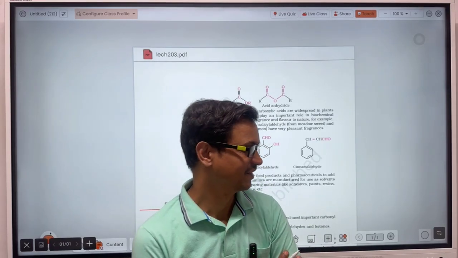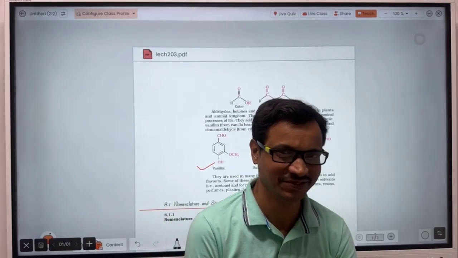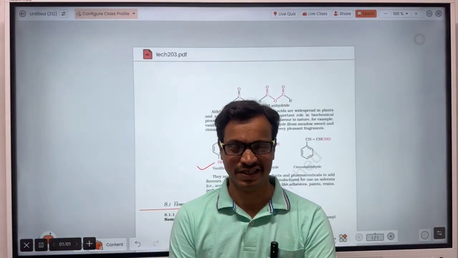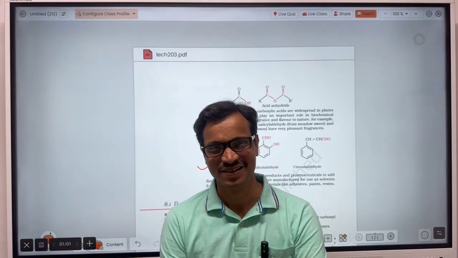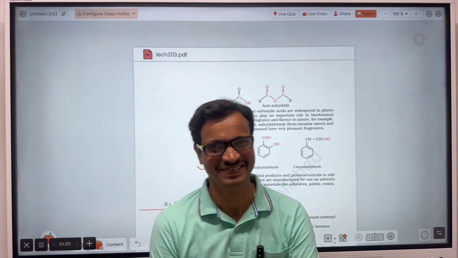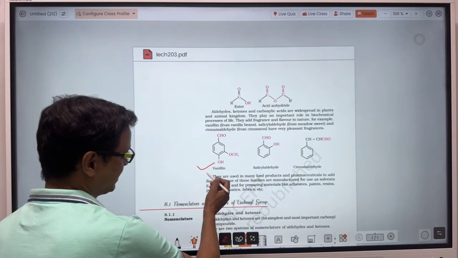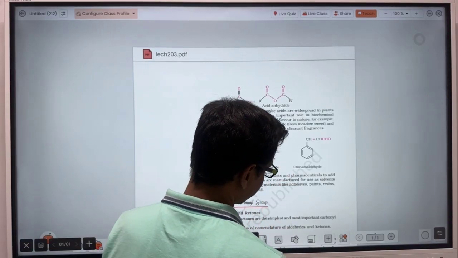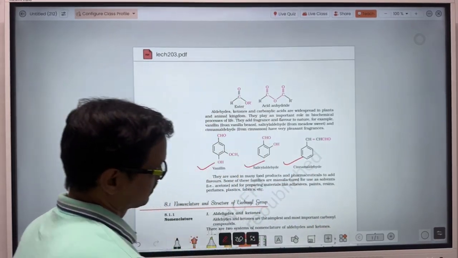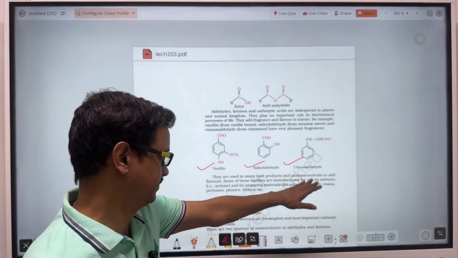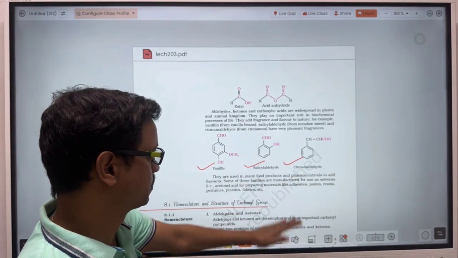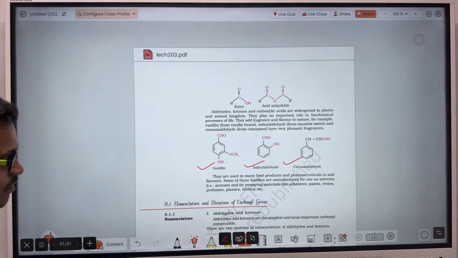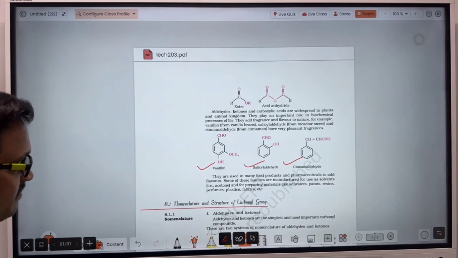That's why you like vanilla ice cream, due to its pleasant smell. Then there are salicylaldehyde and cinnamaldehyde. These are the common names. The IUPAC names will be different, and I hope you could write the IUPAC name of these compounds very easily.